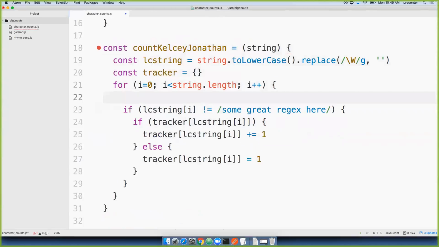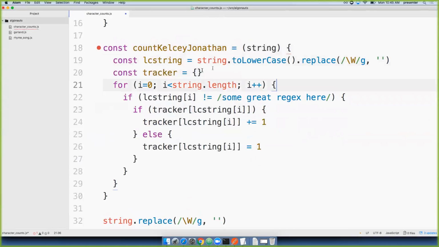To make this a little cleaner, and again, I don't want to detract. Kelsey, you got the job because you came up with a solution even though it wasn't perfectly clean. The person who sat there thinking, oh no, there's a better way that I could do this, that person did not get the job.